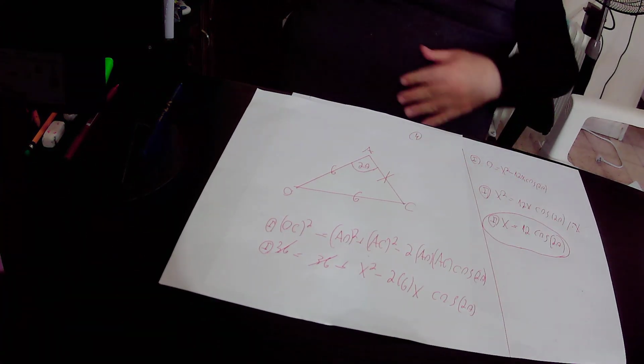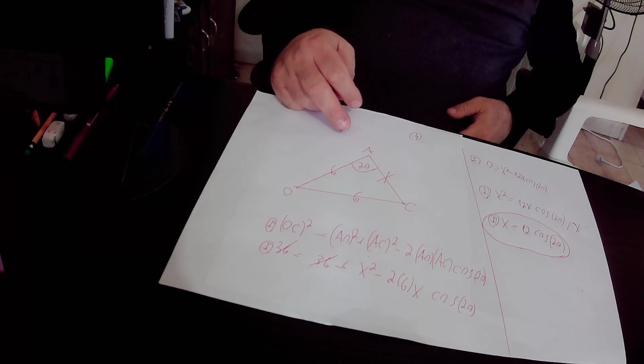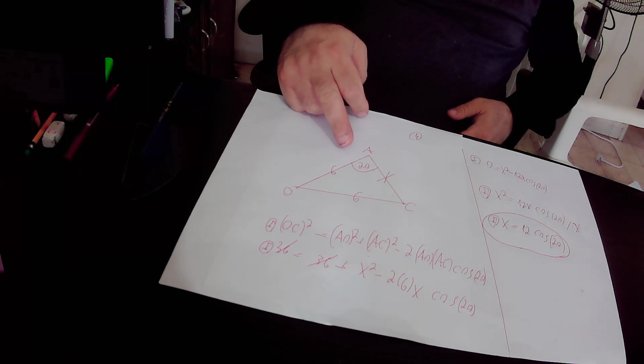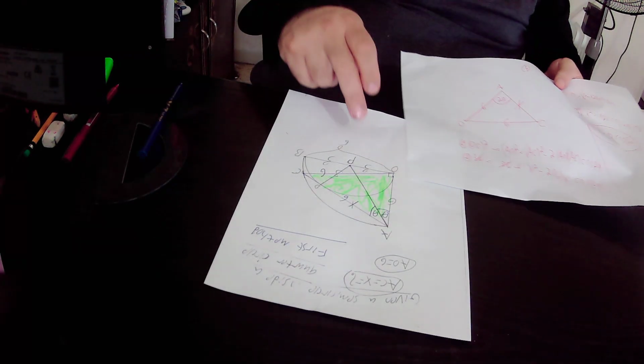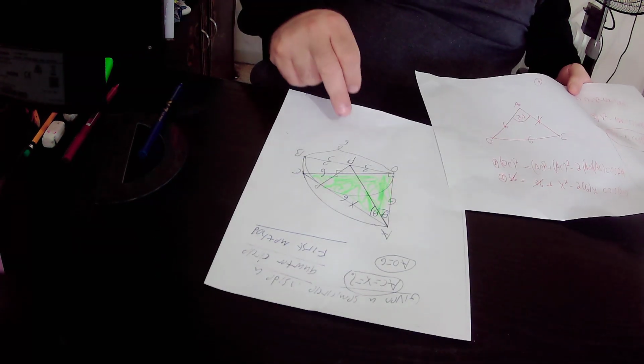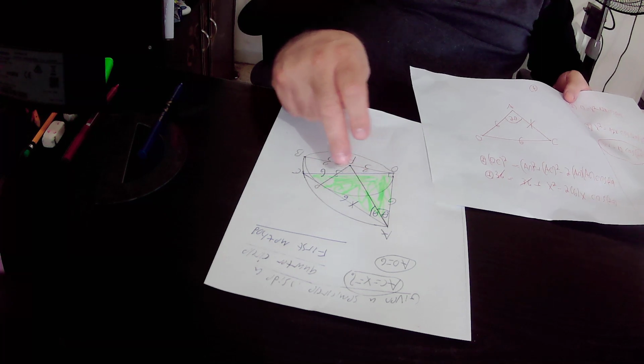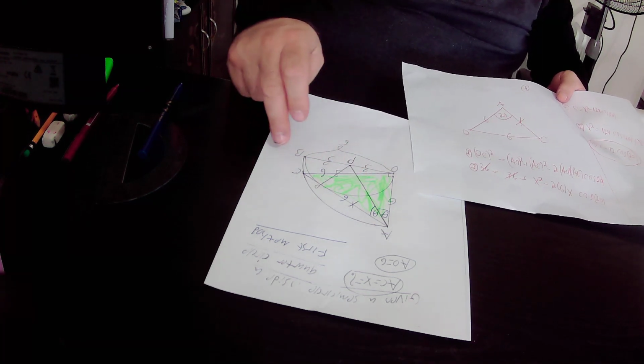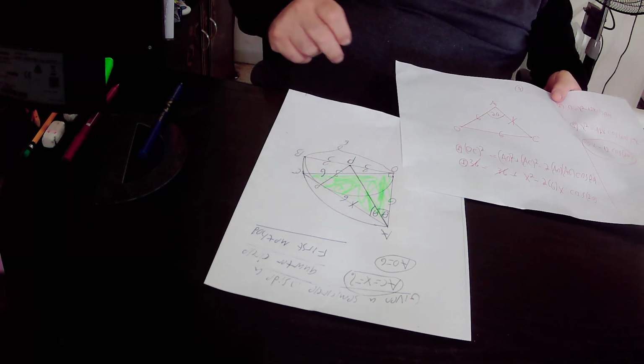I copied the green triangle AOC in this page. We know that AO equals 6 units. AC is the line segment that we are looking for, that is X.